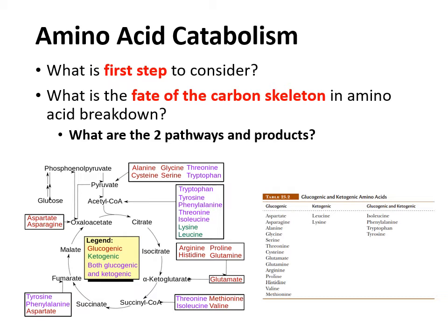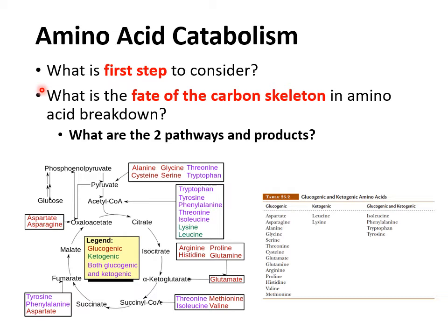And so when you have the anabolism or anabolic reactions leading to the creation of amino acids, you also need catabolism or the catabolic reactions leading to the breakdown of those amino acids, okay?